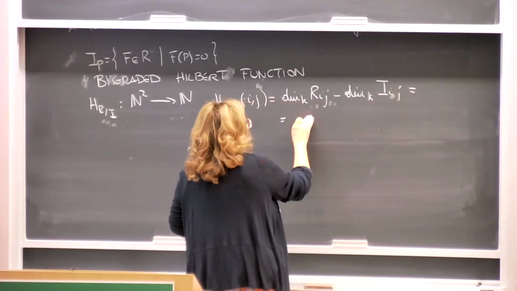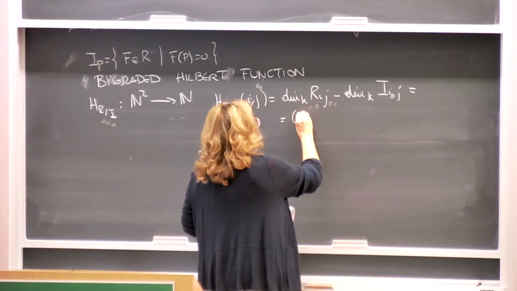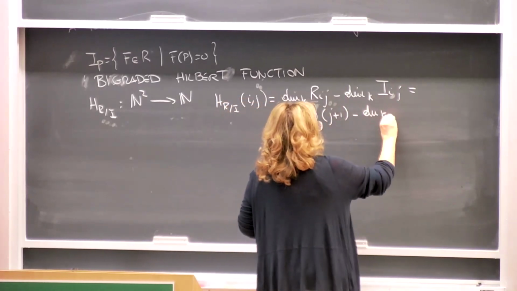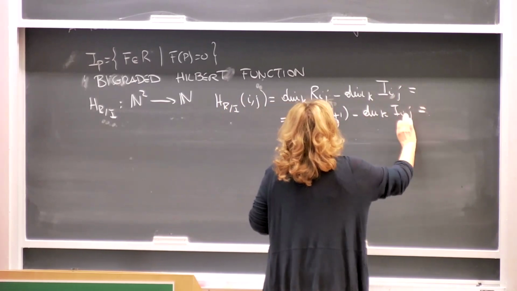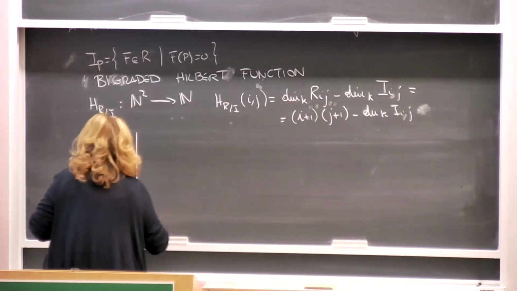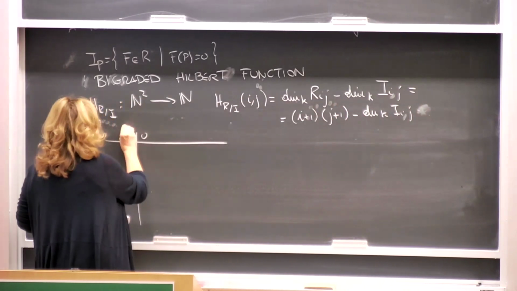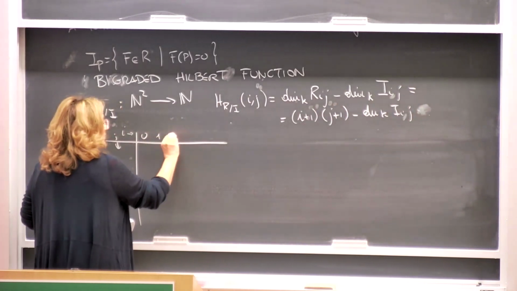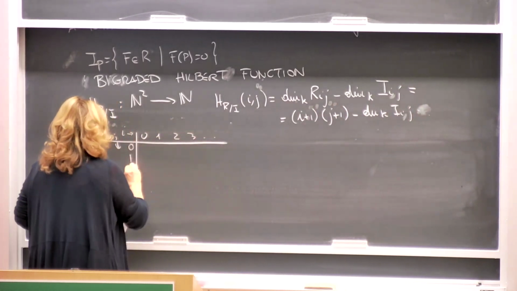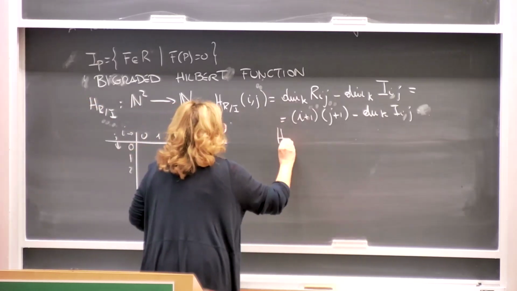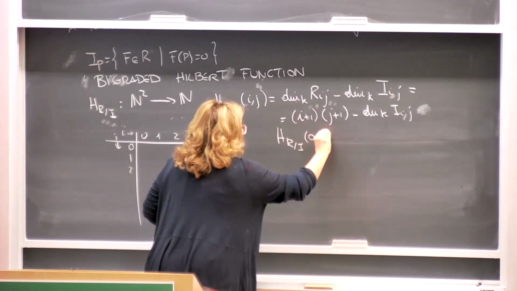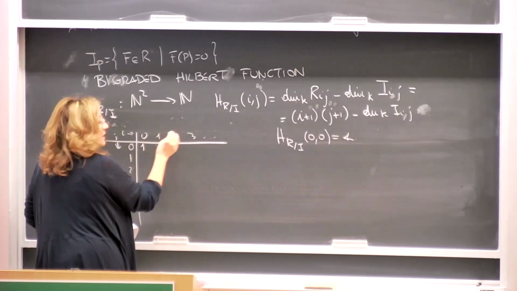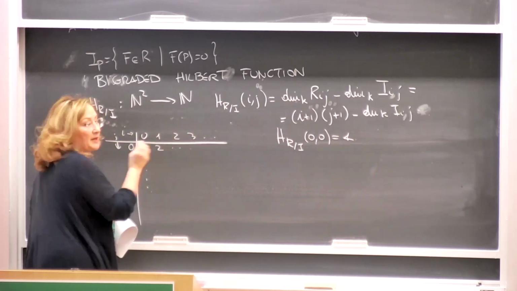And the number of monomials in bidegree ij is (i plus 1) times (j plus 1). So this is the Hilbert function, and here you put, let's say this is R and this is I, and this is J. So these are the bidegrees, and in bidegree 0,0 by definition it is 1. So it's always 1.